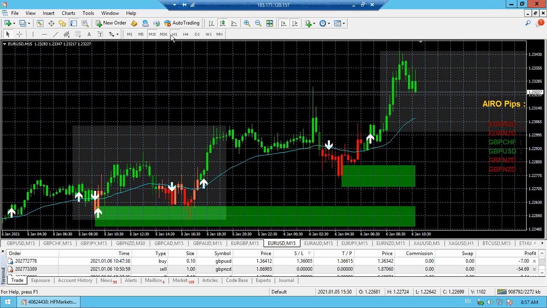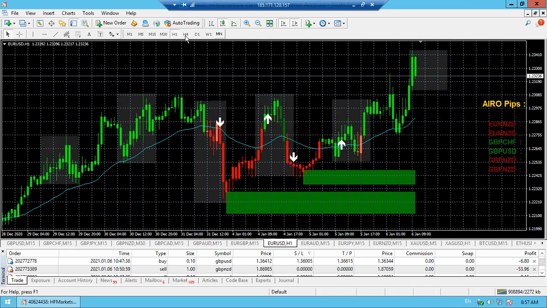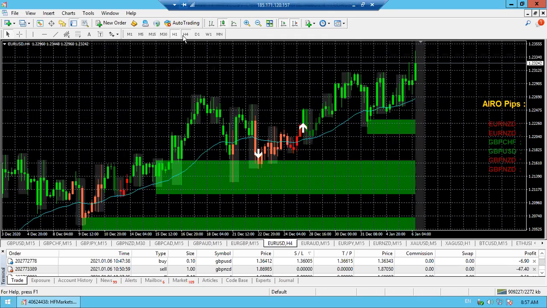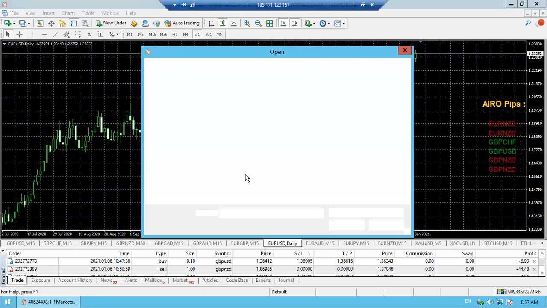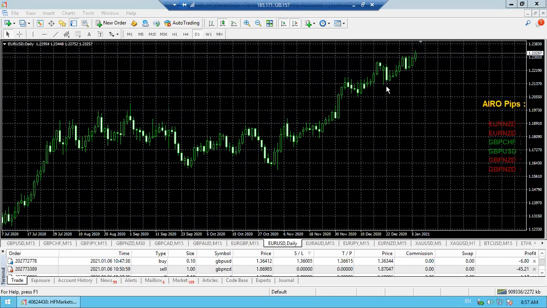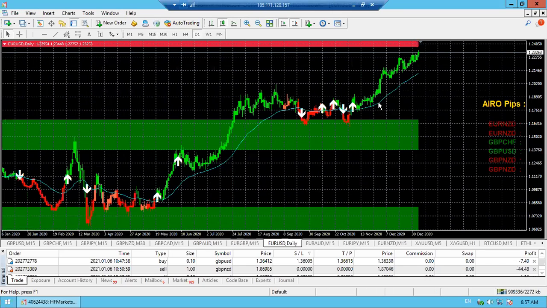Wow. Okay, this is good. So let me load up my templates. On the daily time frame, we're almost close to the resistance.